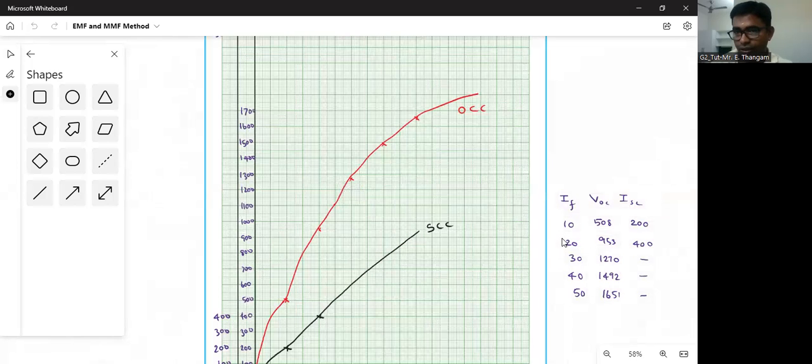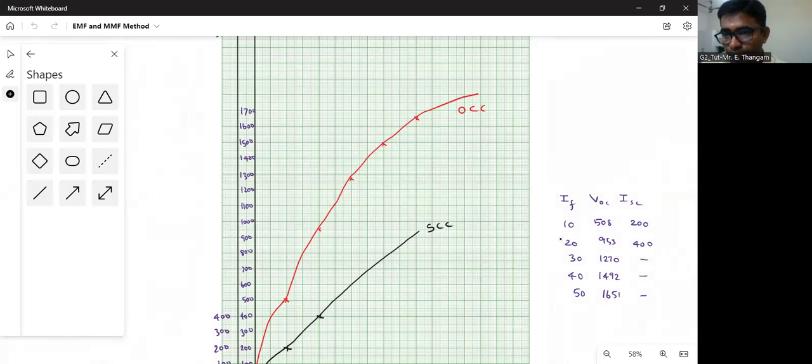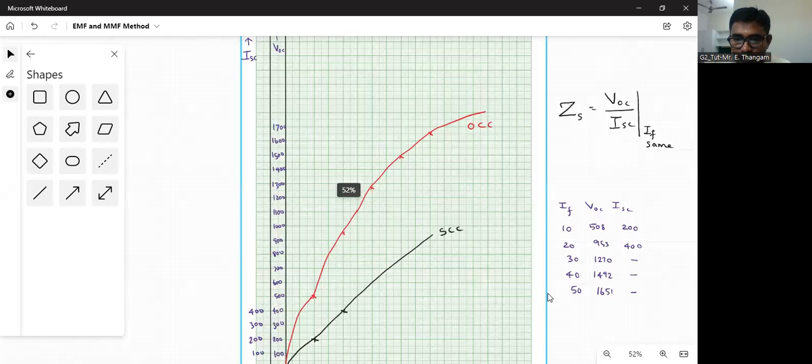The formula of synchronous impedance is Zs, which is equal to VOC by ISC for the same field current. IF should be the same value. For the same field current, VOC by ISC is the value of your synchronous impedance.